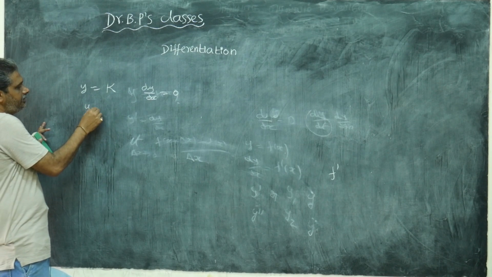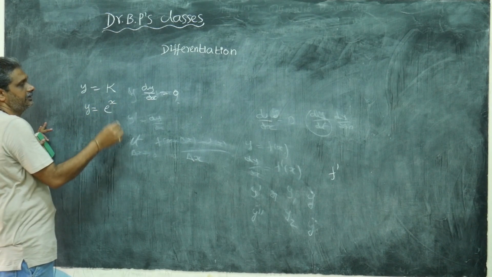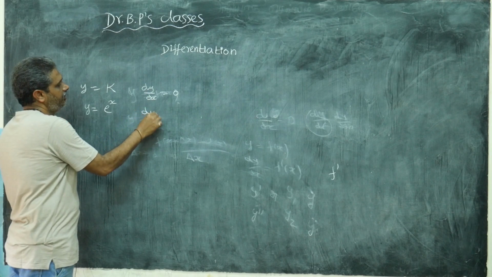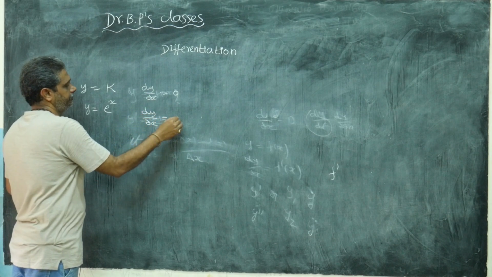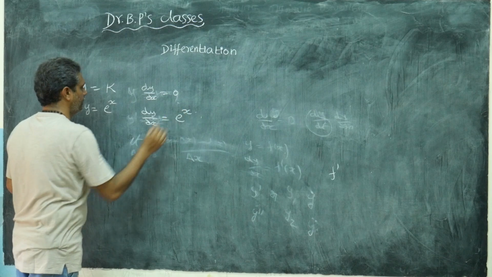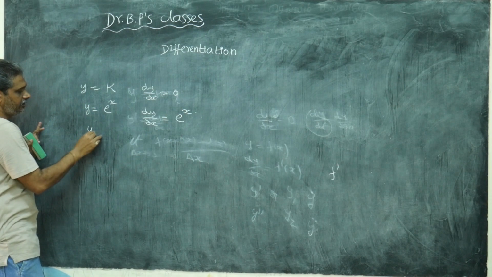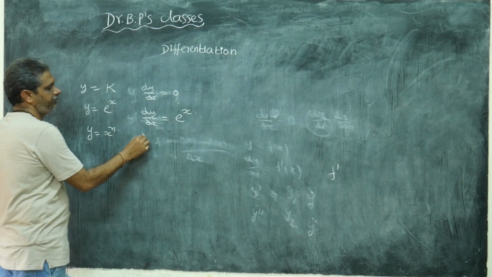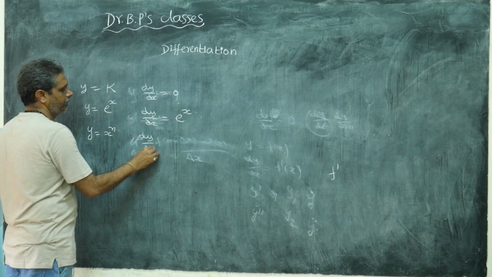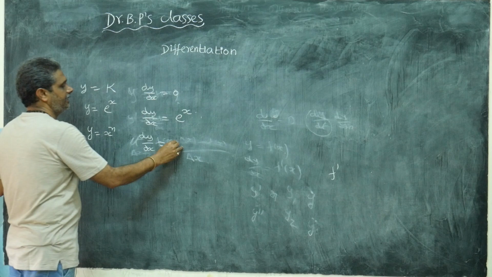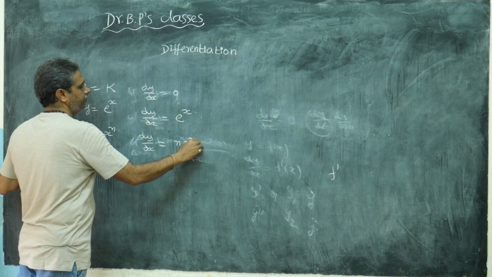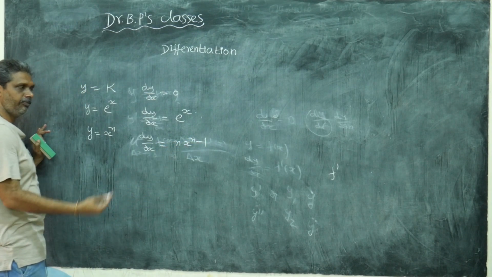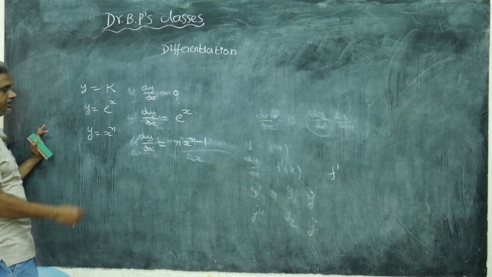Suppose y is equal to e to the power of x, then dy by dx is equal to e to the power of x only. Then y is equal to x to the power of n, then dy by dx is n x to the power of n minus 1. n comes to the front, and the power decreases by one.